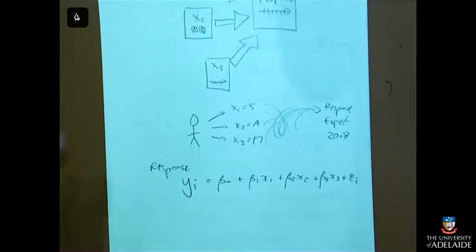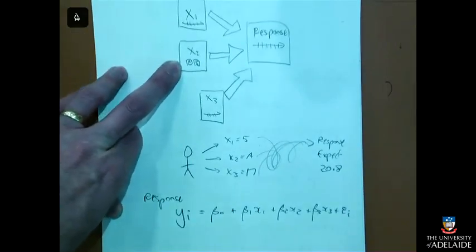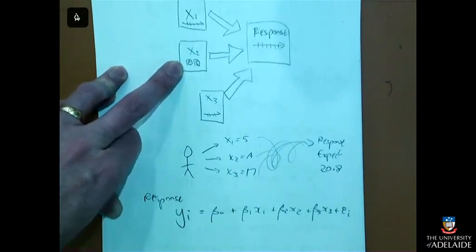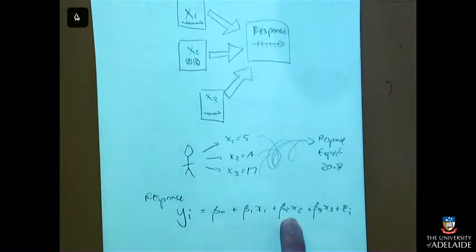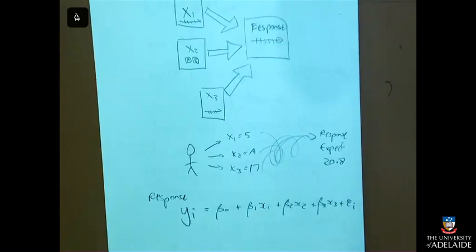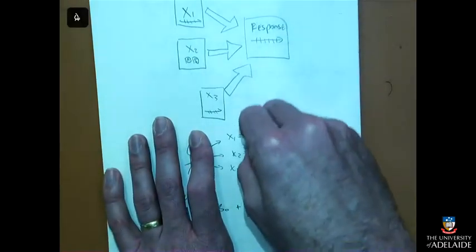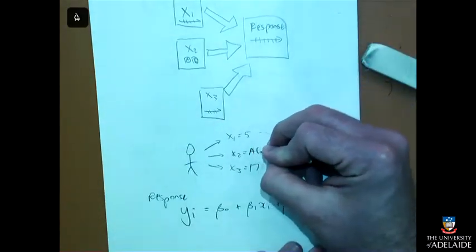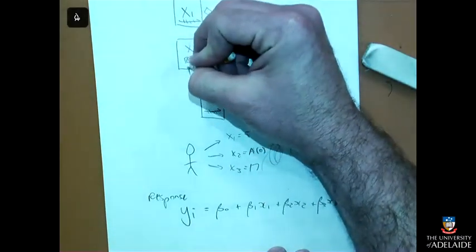And for these things that are categories here, we're going to rationalize that one of them is 0 and the other one is 1 so that we can sub it into this formula. Did you do dummy variables? Should have if you've done an ANOVA as regression, but anyway. So if you have categories, you've got to give them numbers because this is a numerical formula. I can't put the letter A in this position here and have a reasonable answer. So I'm going to make letter A 0 as opposed to 1.